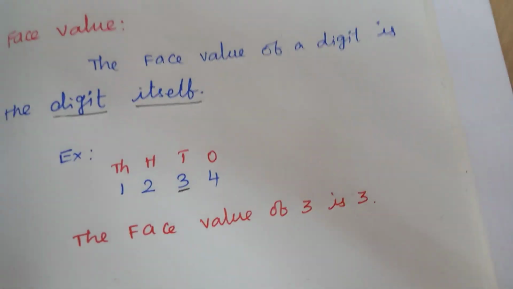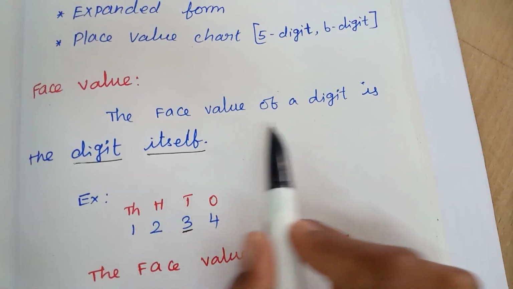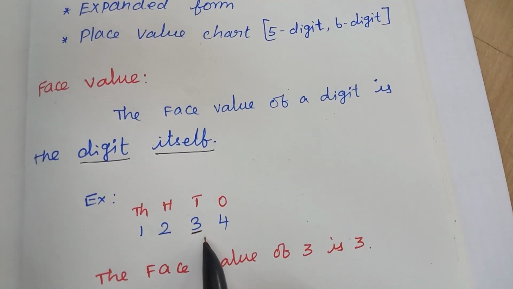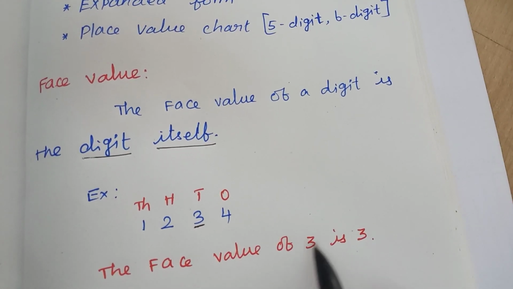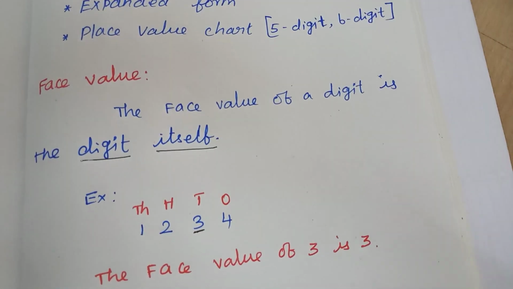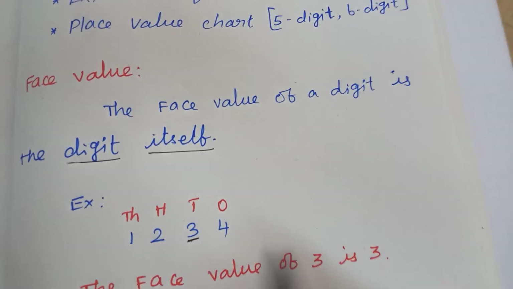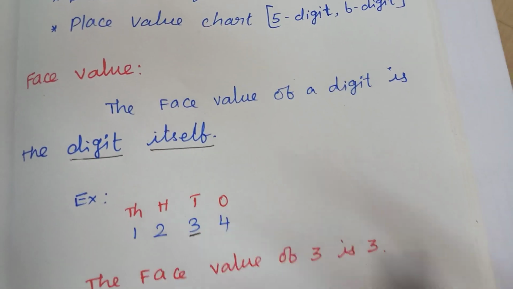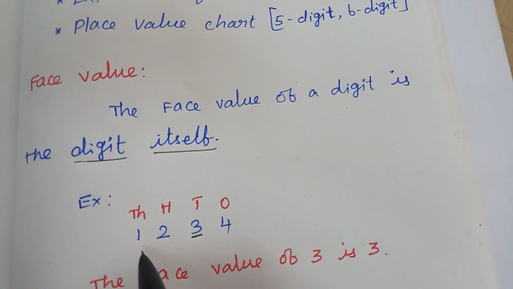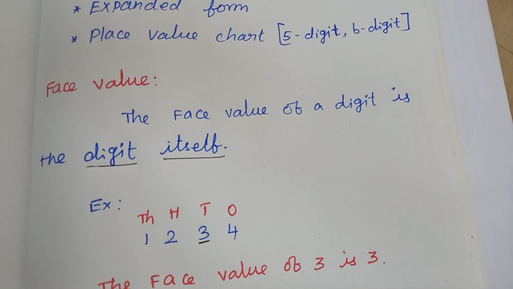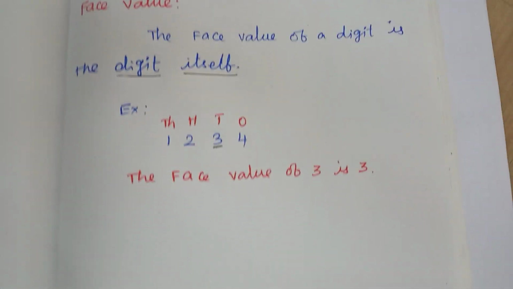Here the 3 is underlined, so the face value of 3 is 3 only. If I underline the 4, what is the face value of 4? If I underline the 2, the answer is 2. If I underline the 1, the answer is 1. Do you have any doubts about face value? Okay, super.